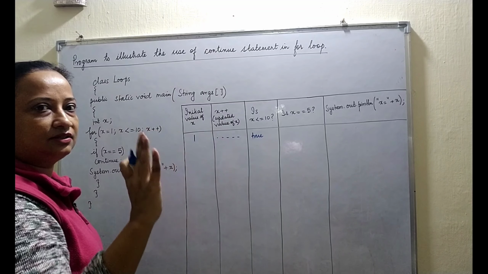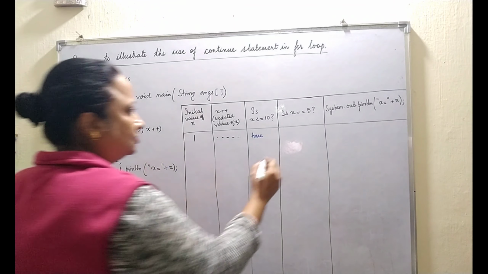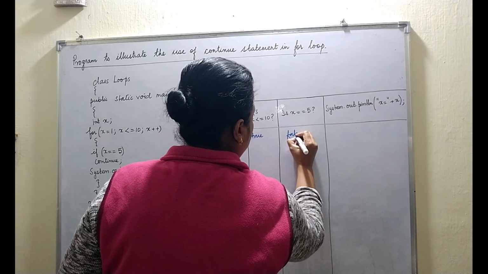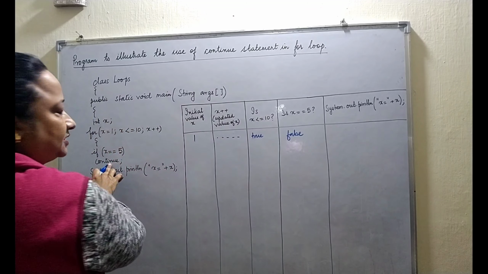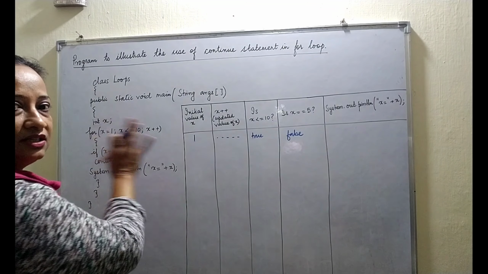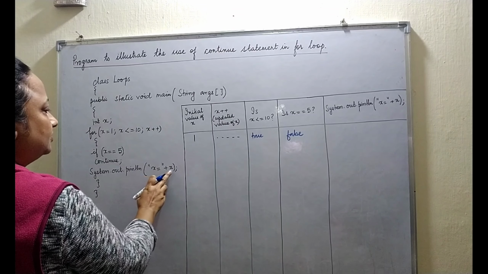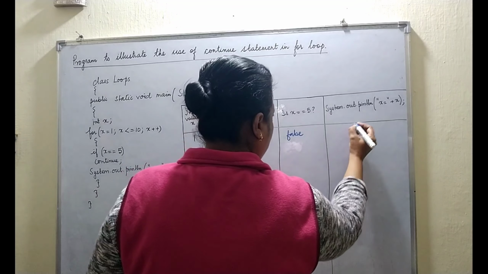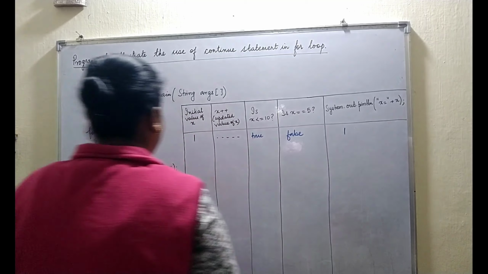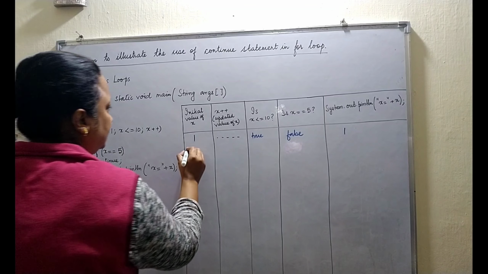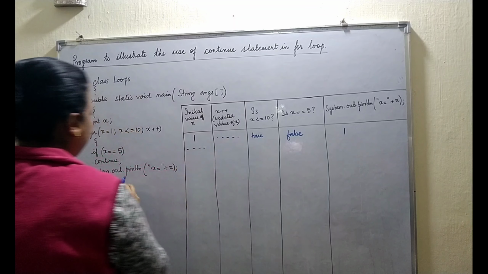The value of x is 1, so this is false. So this statement continue will not be executed. Next line, System.out.println x equals plus x. The value of x that will be printed is 1.